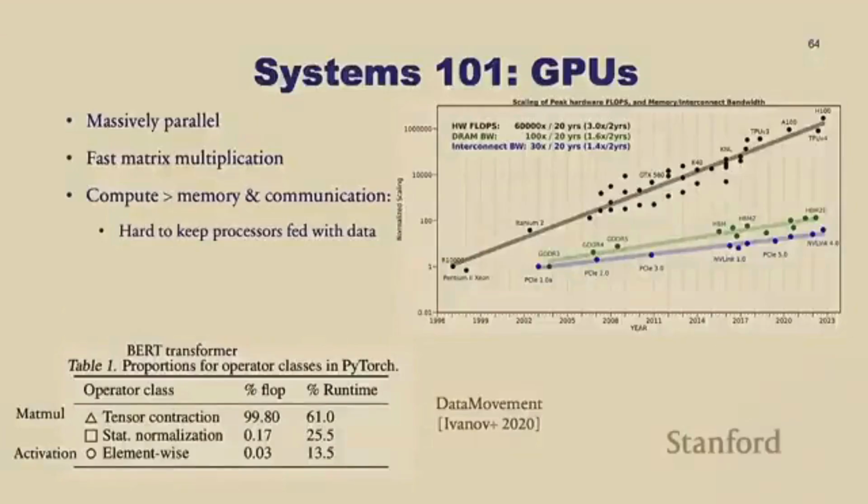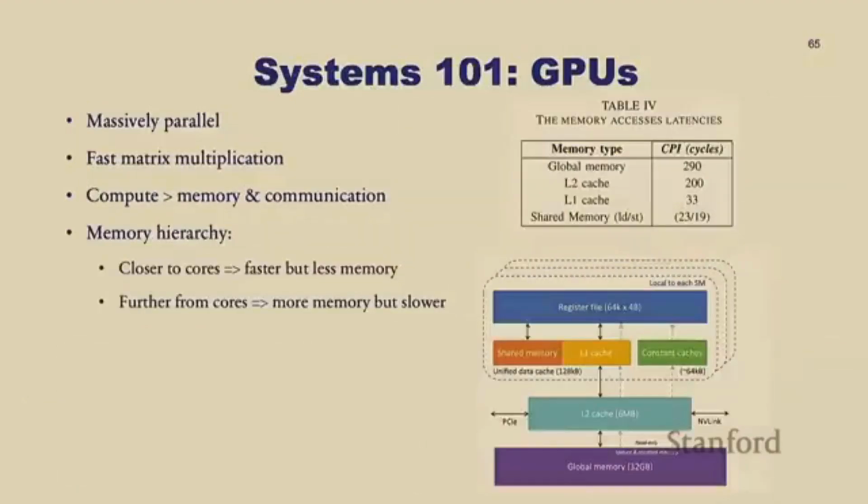So the data that you send to GPUs is hard to keep up with the processing, and most of your GPUs are going to be idle if you just run normal code and don't optimize it. This will continue over time.